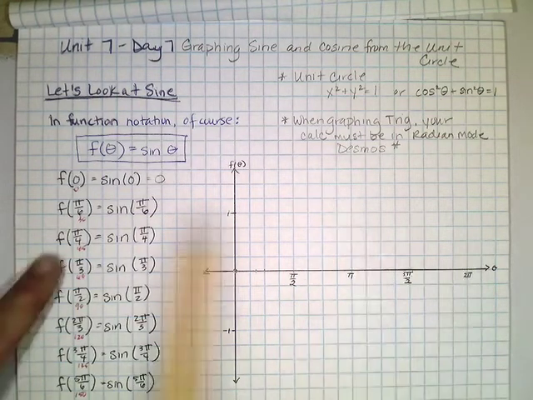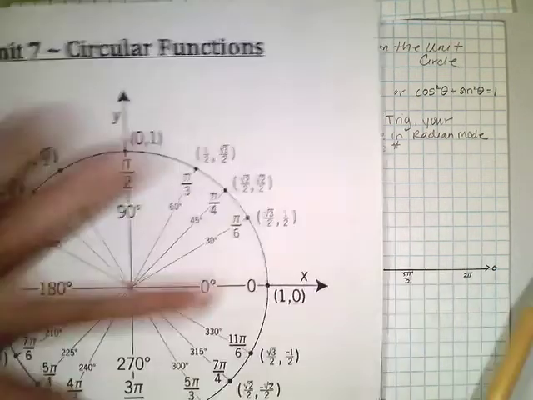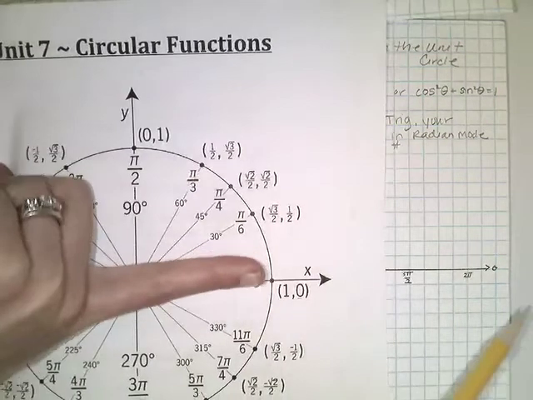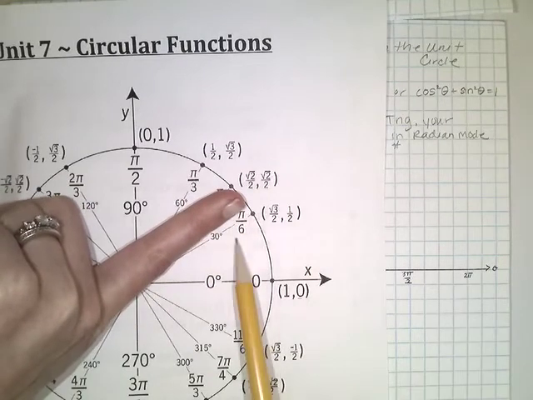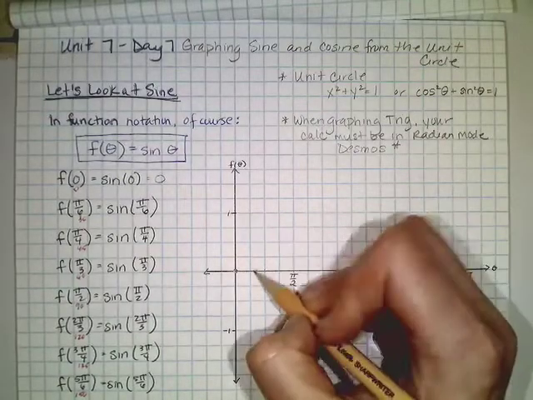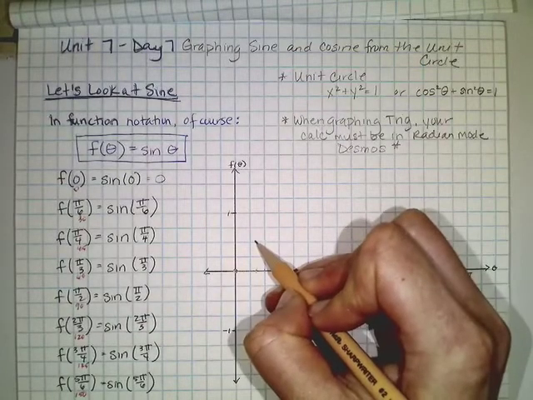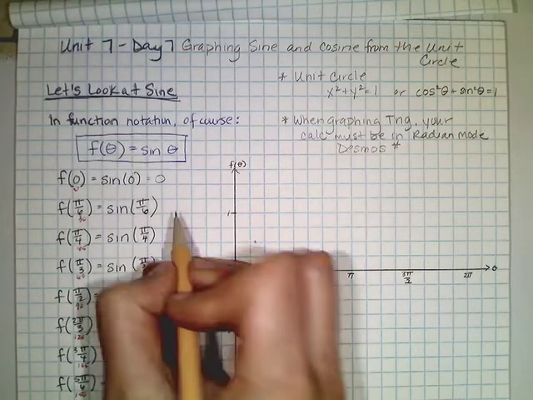If I do pi over 6, from the positive x-axis I rotate in a positive direction to pi over 6, and my value is 1/2. If this is 1, then right about here is my 1/2.